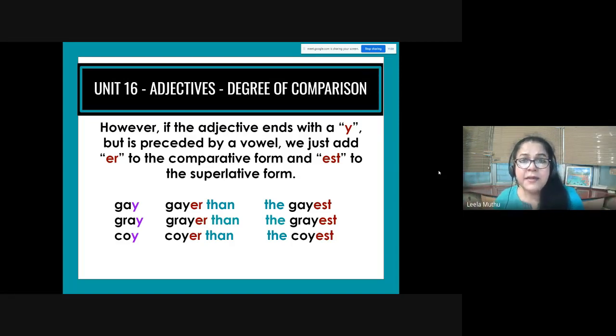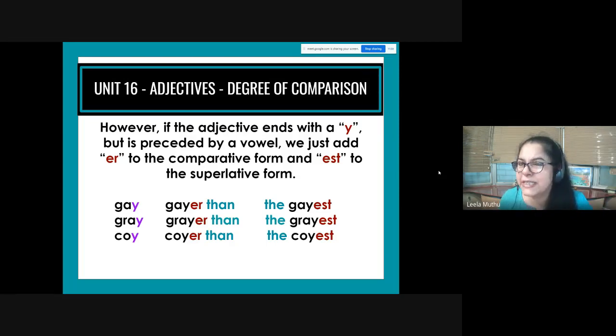Gray, grayer than. Sometimes gray is also spelt as grey. So still it's a vowel, so you will say gray, grayer than, the grayest. Coy means to act shy. When you're not really a shy person, but you act it and pretend to be shy, you're said to be coy.